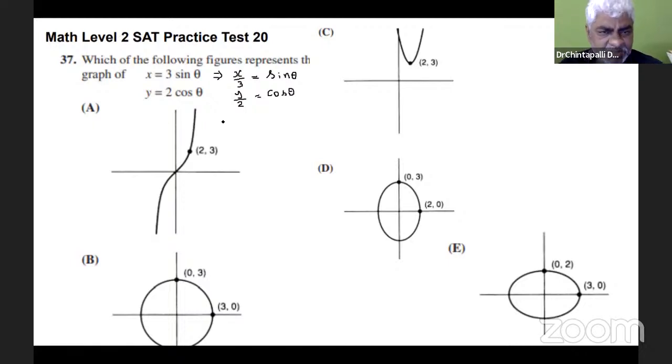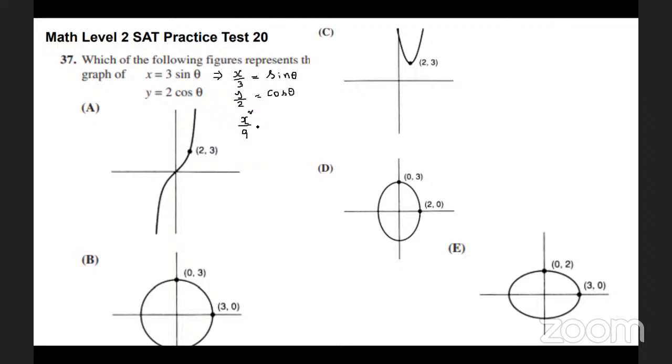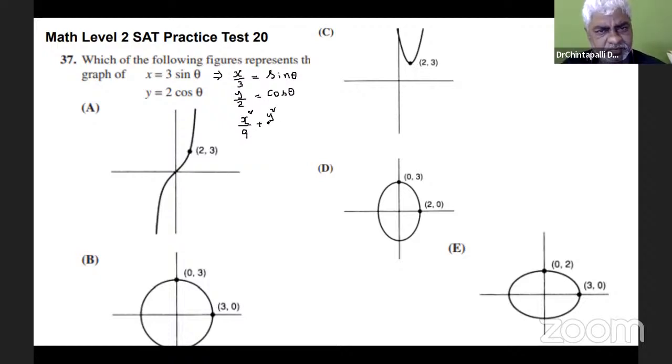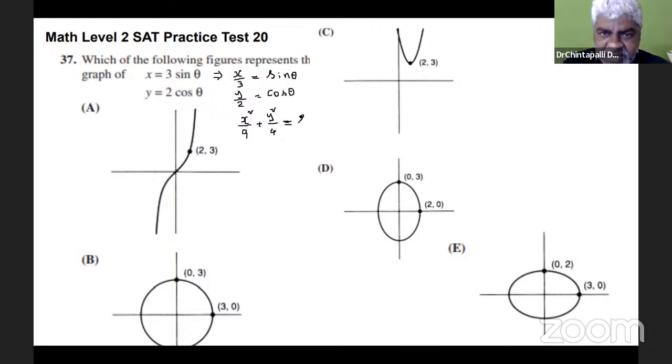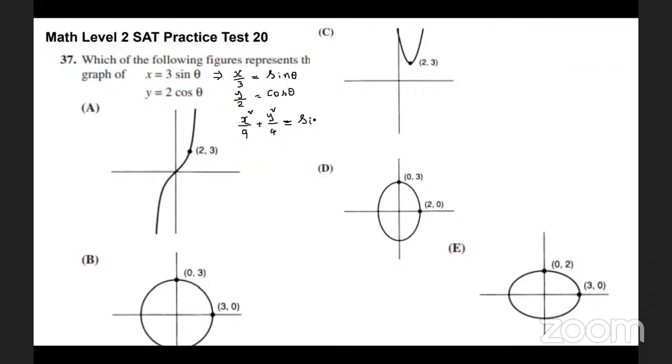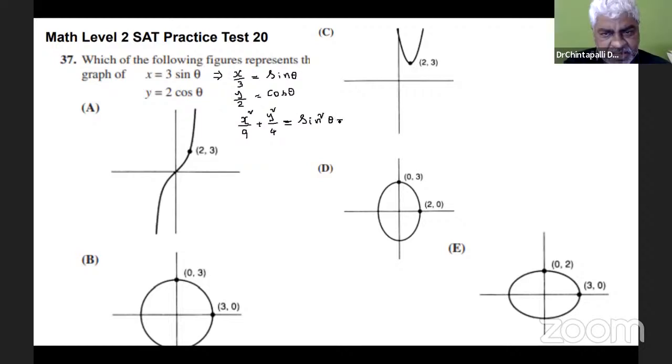Squaring and adding on both sides. X by 3 whole square means x square by 9 plus y square by 4 is equal to sin square theta plus cos square theta.